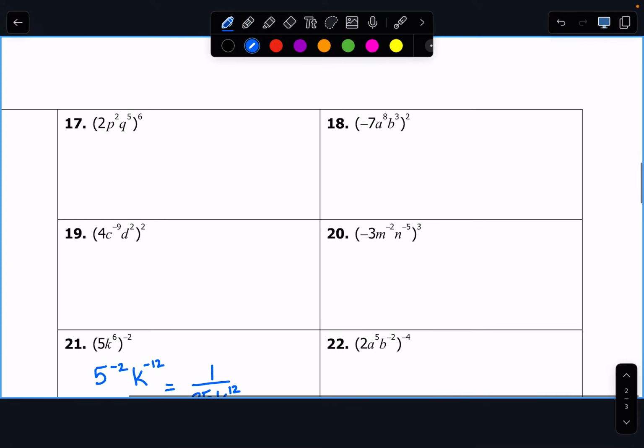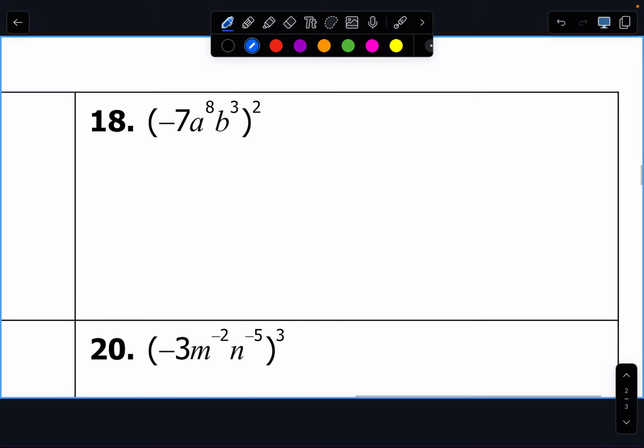All right, jump back up to number 18 and write down what you think the answer is.